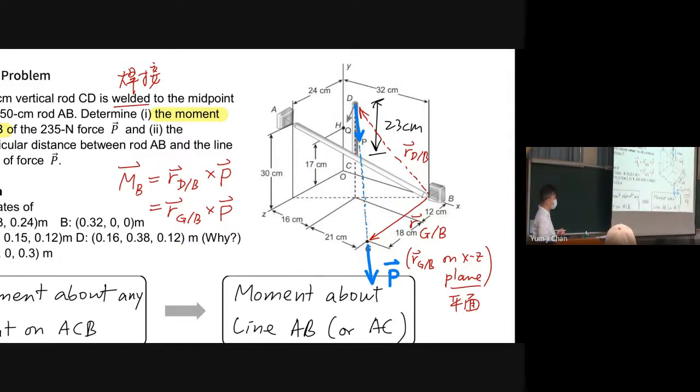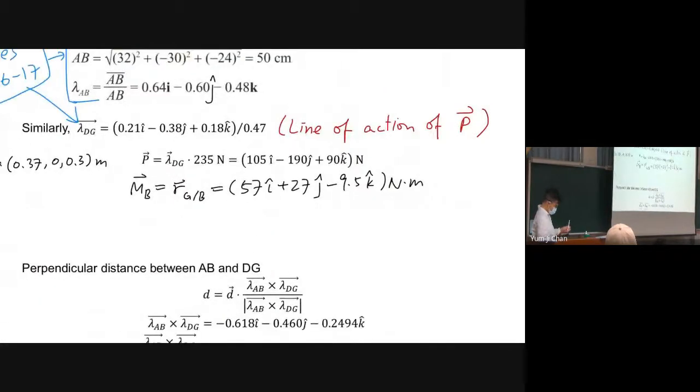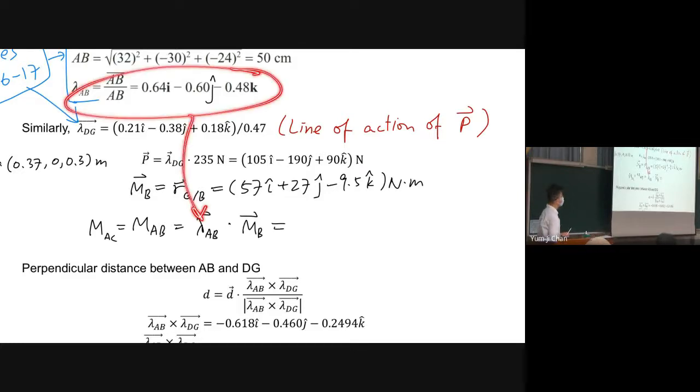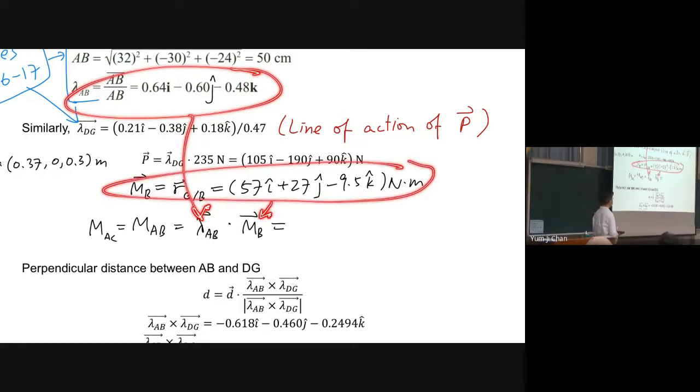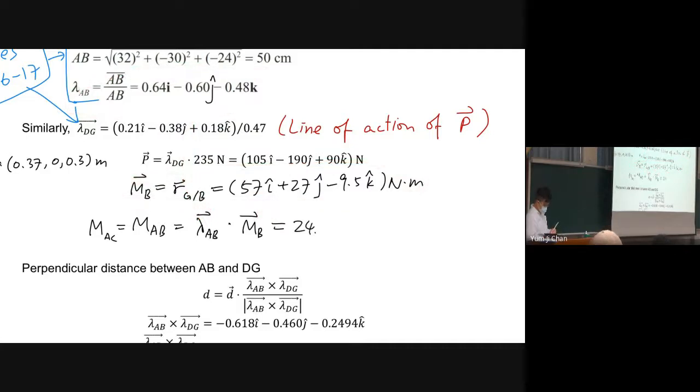If we go back to the calculations, we will get MAB, because MAB is equal to lambda AB dot MB, since we have got lambda AB here and we have MB here. So we can get the moment about line AB as 24.84 Newton meter.